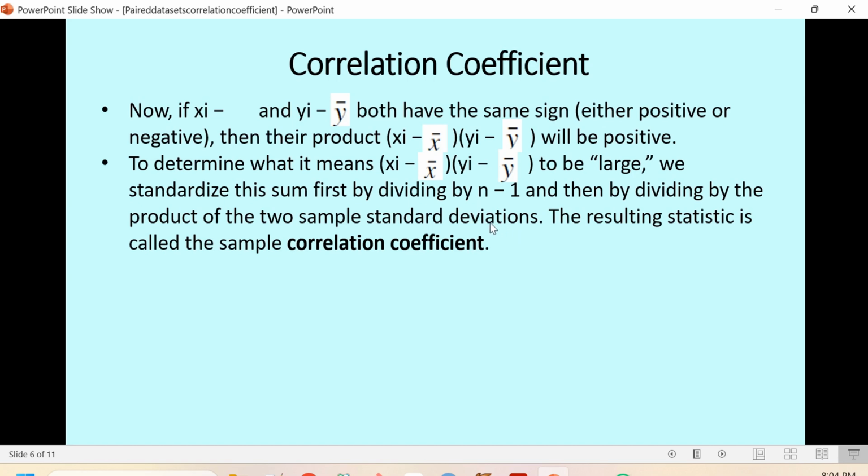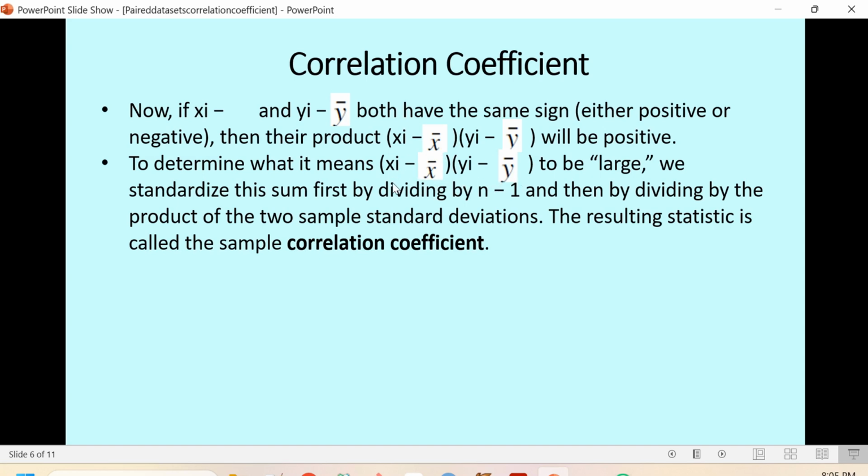Then we take the sum of these products for each pair in the data and divide by n minus 1. Then we also divide by the standard deviations of these two, because we want a scale-free coefficient, since this product is not scale-free.